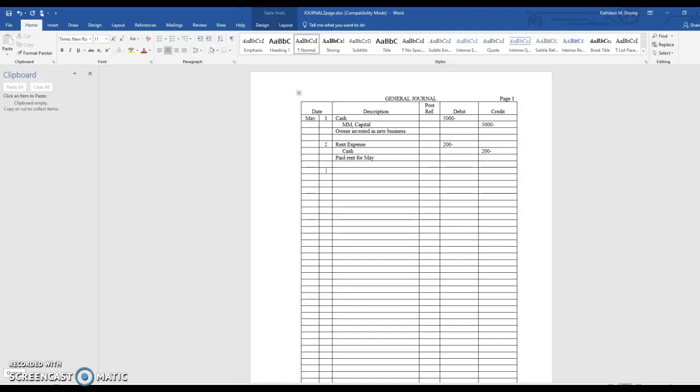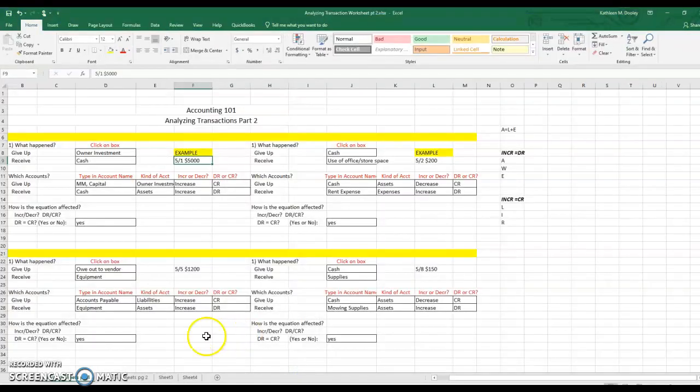Okay, our next transaction, third one, we're going to debit equipment, credit accounts payable, May the 5th for $1,200.